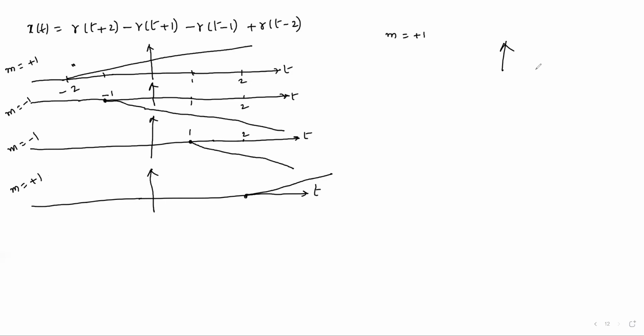Anyway, if you observe the difference between these two signals, this one has slope M1 and this one has slope M2, meaning M2 is greater than M1.